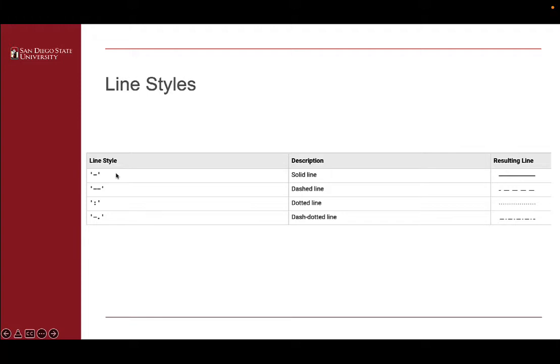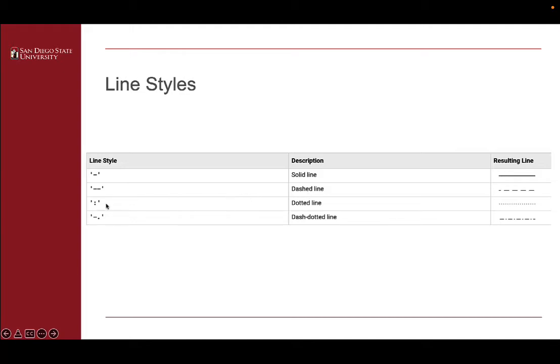And we have a keyword for some specific lines. For example, for a solid line, we can use a dash. For a dashed line, we can use a double dash. And the results are in the right column.